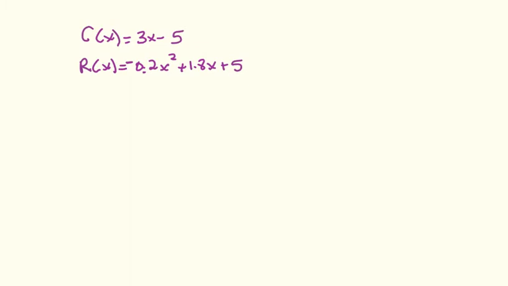Okay, another example of solving a quadratic system is looking at the cost and revenue functions. Now, the typical question would be to find the break-even points. So that means we know that that's when the profit, P of x, is equal to 0.